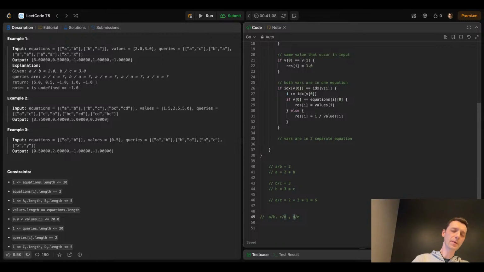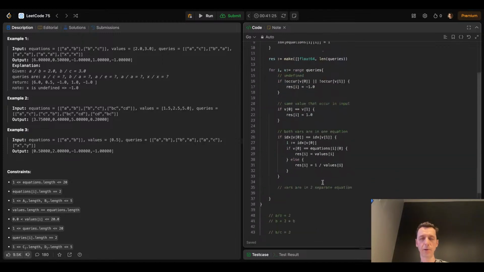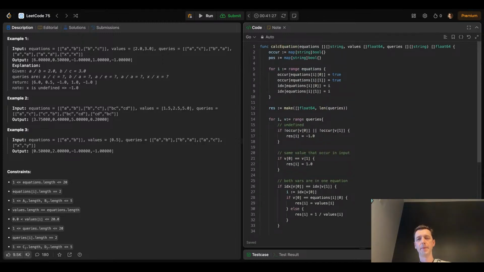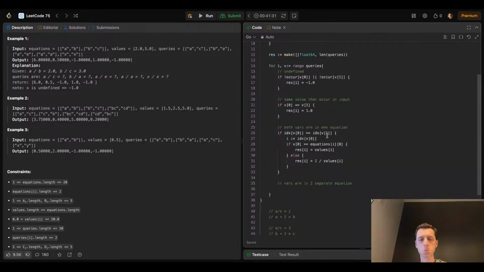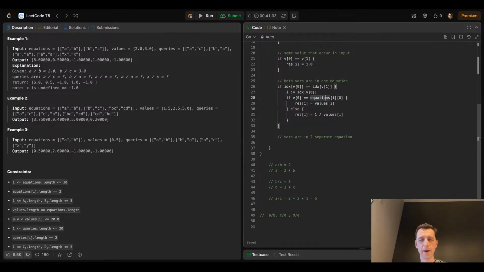Now I'm starting to see why it's depth first search. Yeah, because you might need to express that value. You might need to look. Look at that.